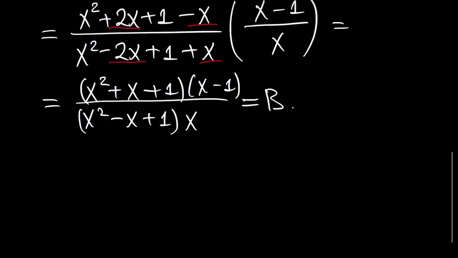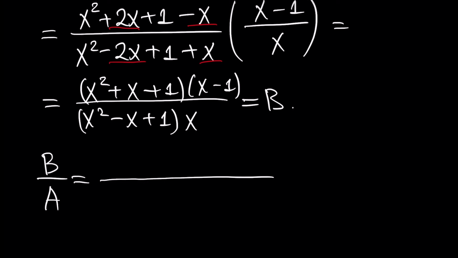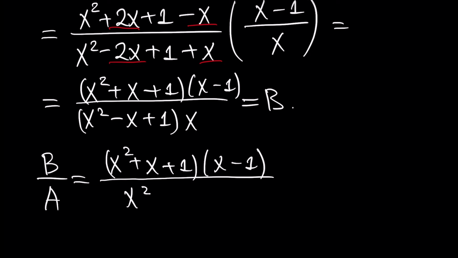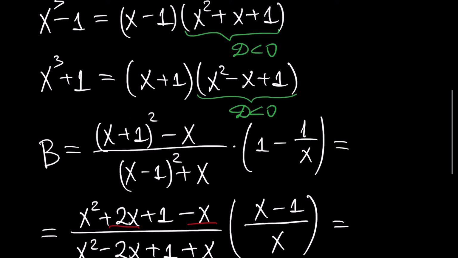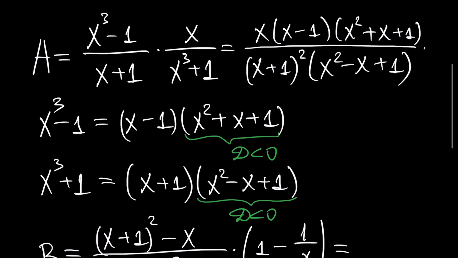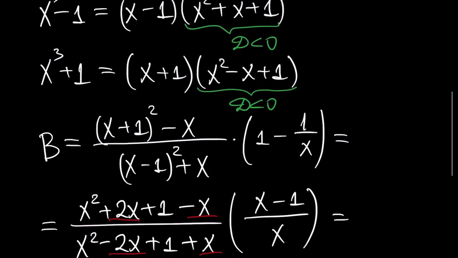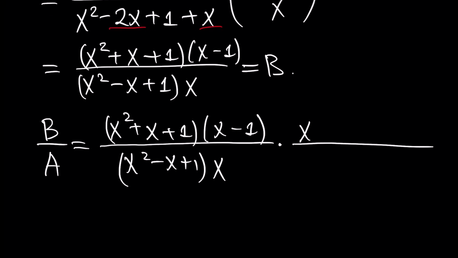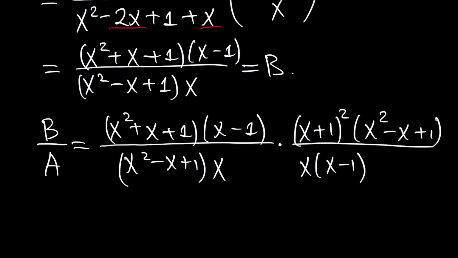When we write b divided by a, it will be equal to (x - 1)(x^2 + x + 1) over (x^2 - x + 1) times x, and we divide by a, or multiply by (x + 1)^2 times (x^2 - x + 1) over x times (x - 1) times (x^2 + x + 1).